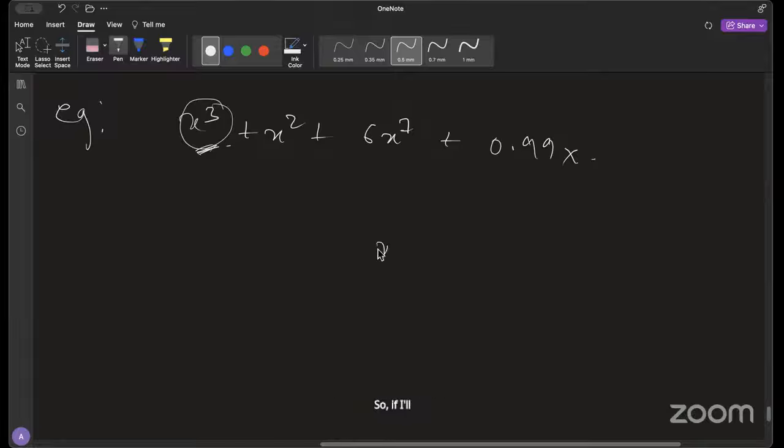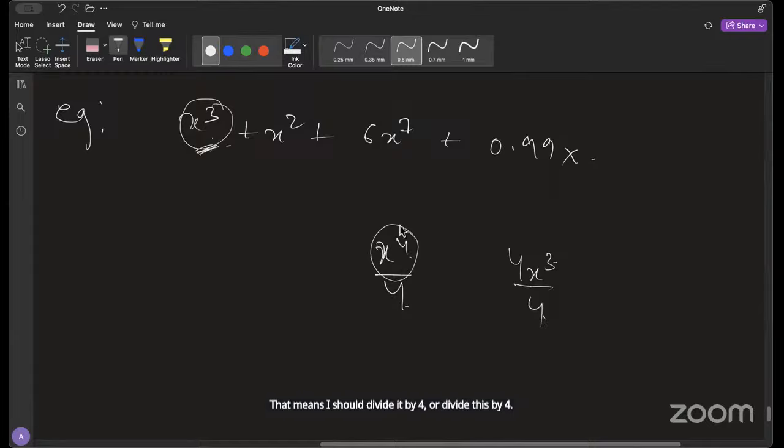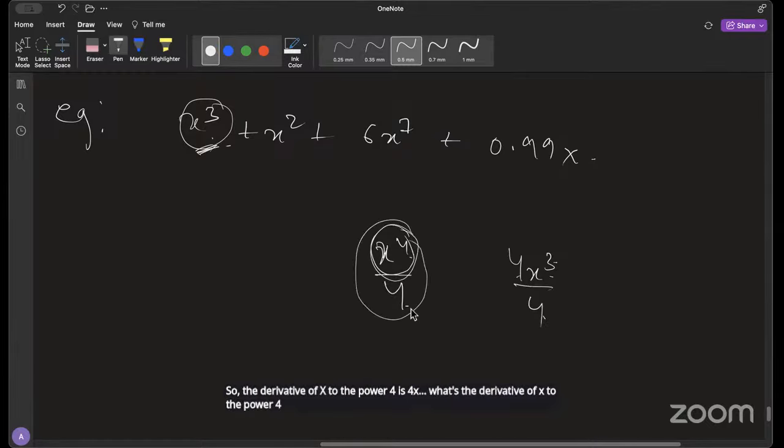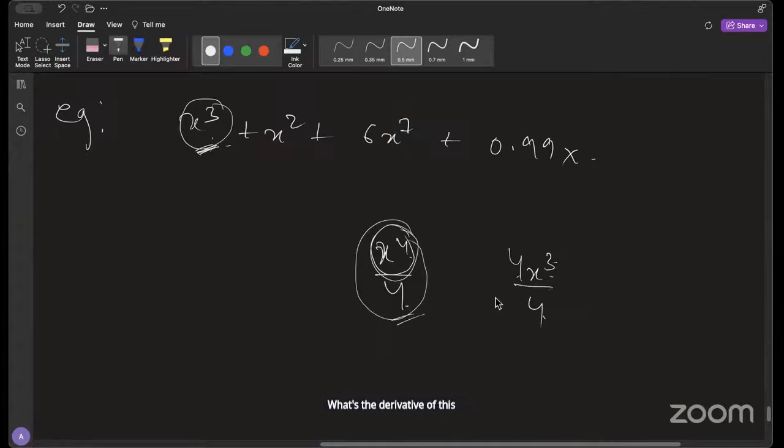If I have x to the power 4, what's the derivative of x to the power 4? It's 4x cubed, right? But I want x cubed. That means I should divide it by 4. So the derivative of x to the power 4 is 4x cubed. What's the derivative of x to the power 4 by 4? It's this, right? Yes.